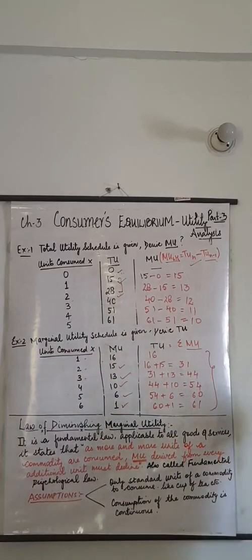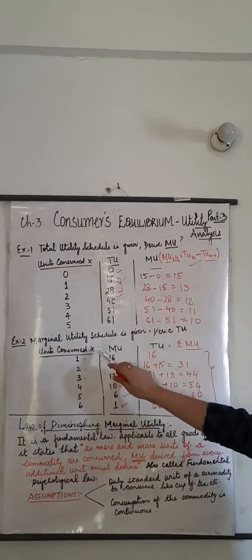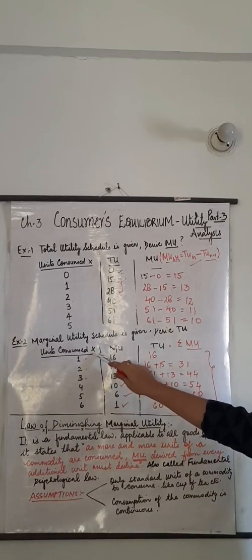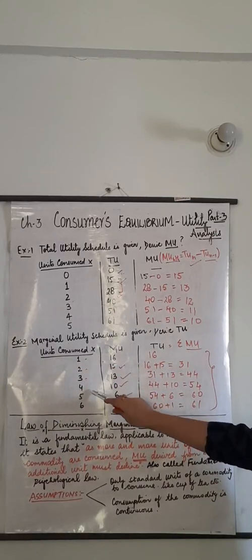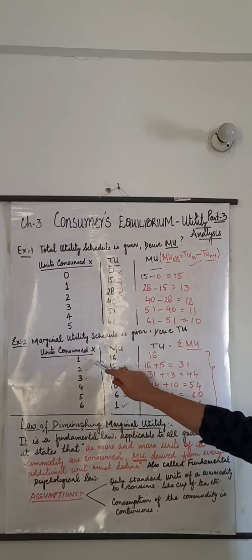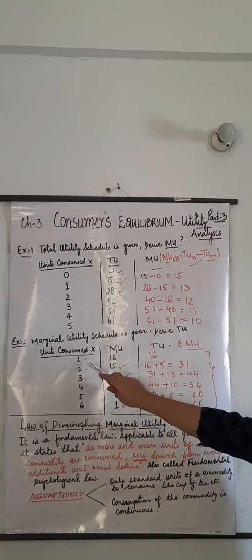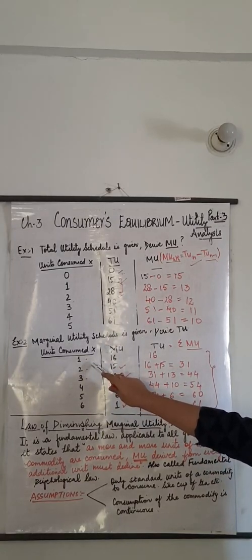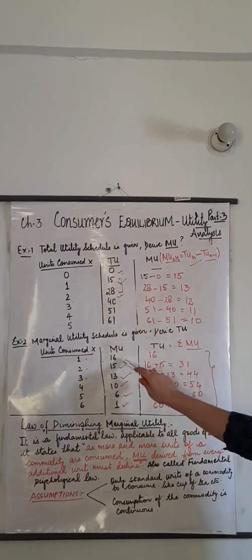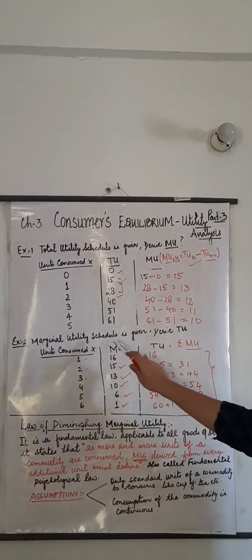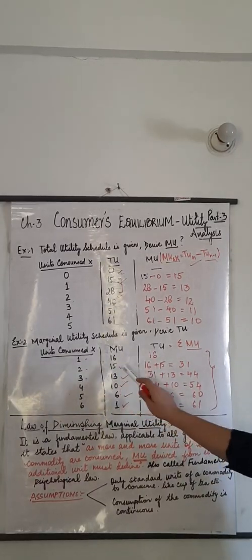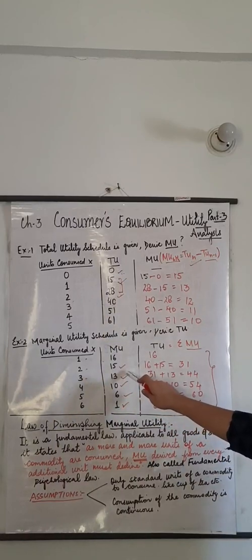What is there? We are increasing the consumption of commodity X: 1, 2, 3, 4, 5, 6 units. The first time we had this commodity, our marginal utility was 16. At the second unit, we got marginal utility 15.